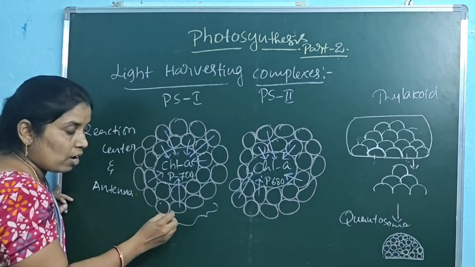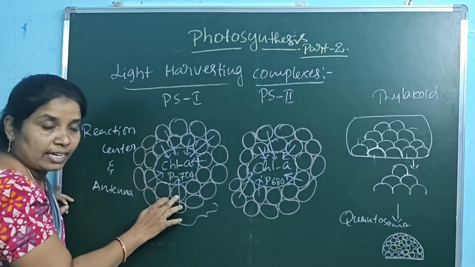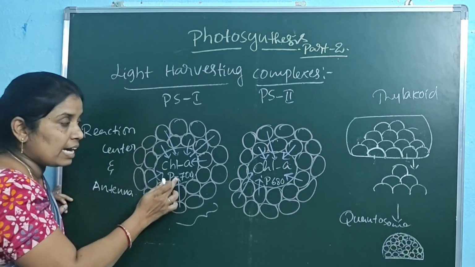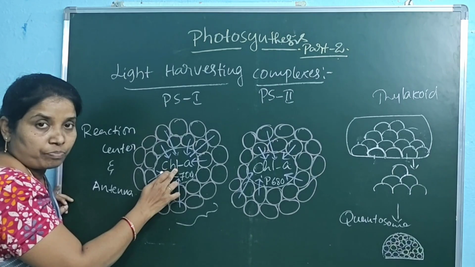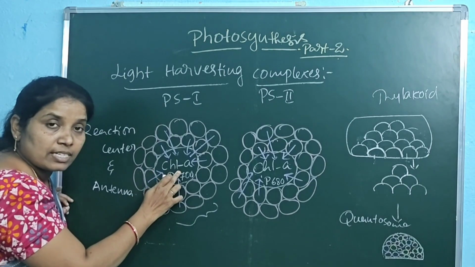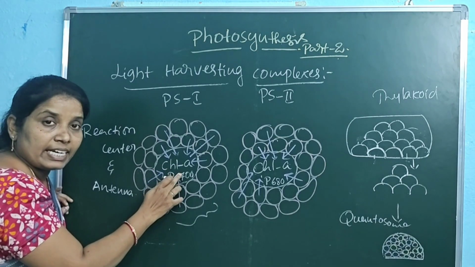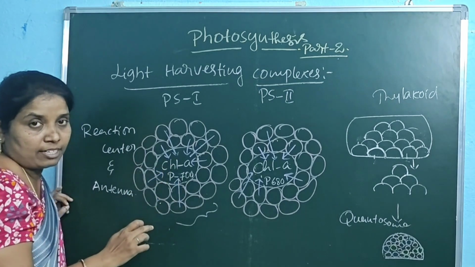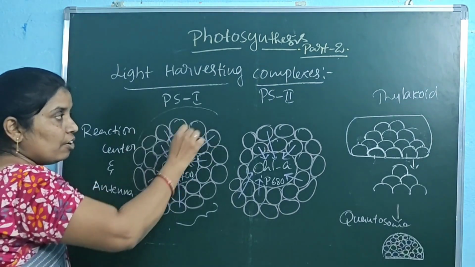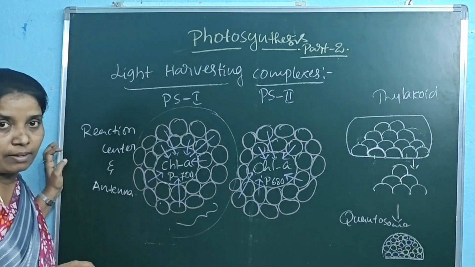Okay, so they all capture the sunlight. They transfer the light to the reaction center. Then the reaction center converts the radiant energy into chemical energy. So this is one light harvesting system.